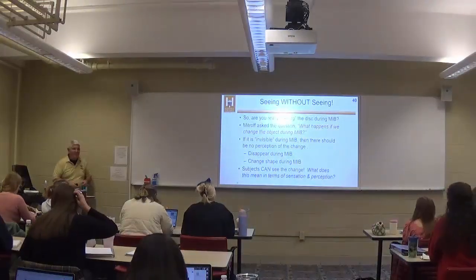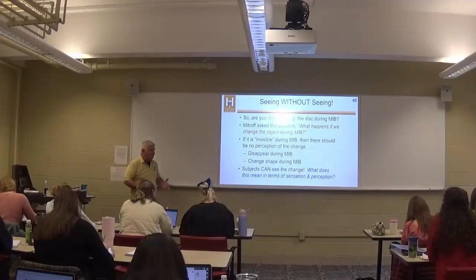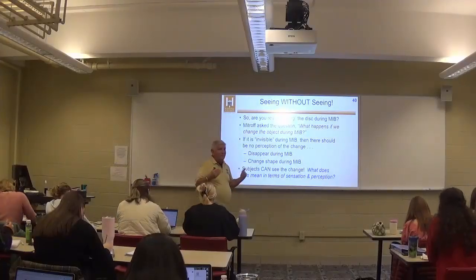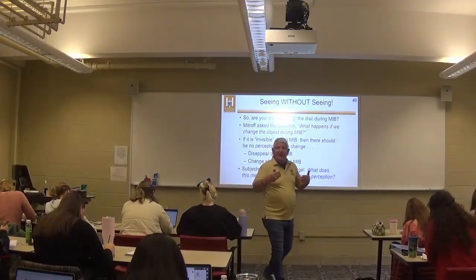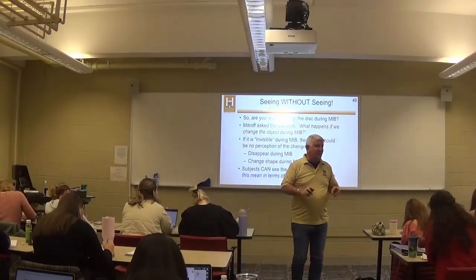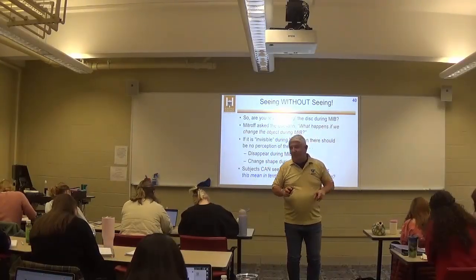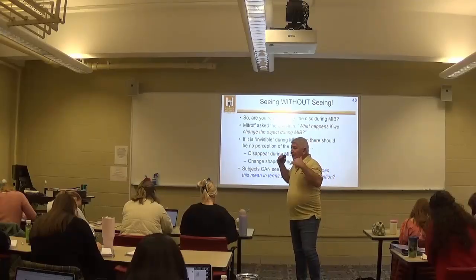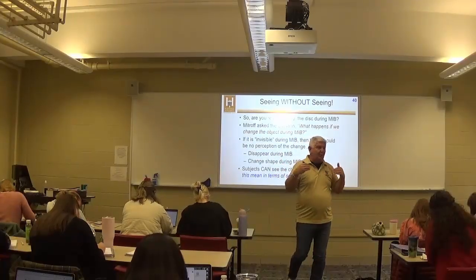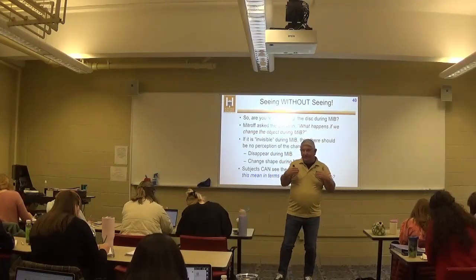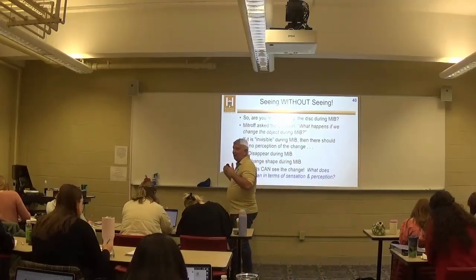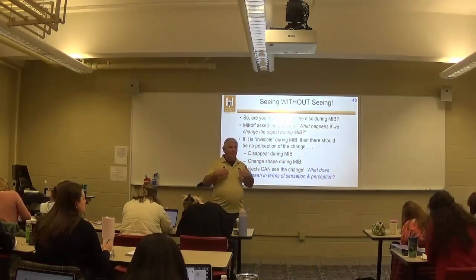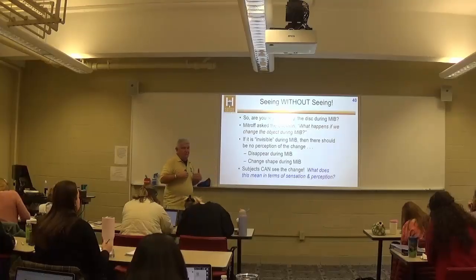So subjects can see the change. This is telling us that bottom-up signaling is still coming in, and the blindness is from top-down influences of that motion, the illusion that that thing is moving over and covering up that stimulus so that we no longer perceive it.